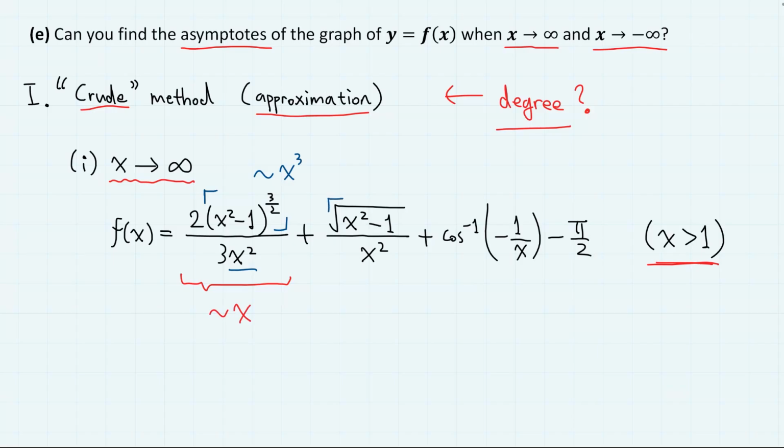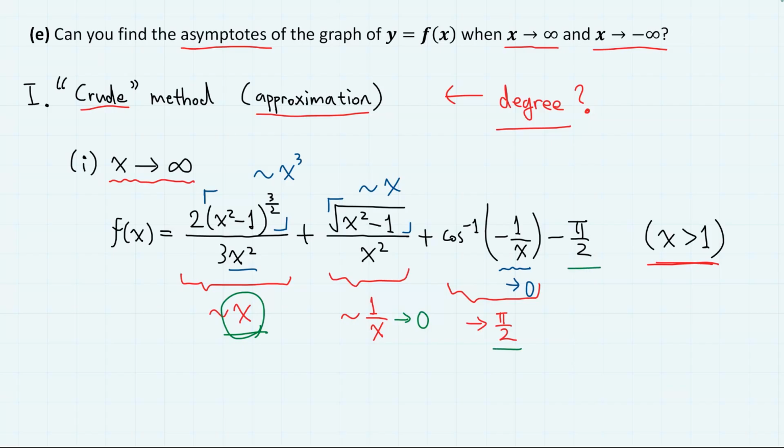As for the second term, the numerator is a square root of x squared, hence it is approximately x. So the entire second term is approximately 1 over x. And as for the inverse cosine term, since minus 1 over x approaches 0 as x approaches infinity, its inverse cosine approaches pi over 2. Here, notice that only the first term is approximately linear, and all the other terms either approach 0 or a constant.